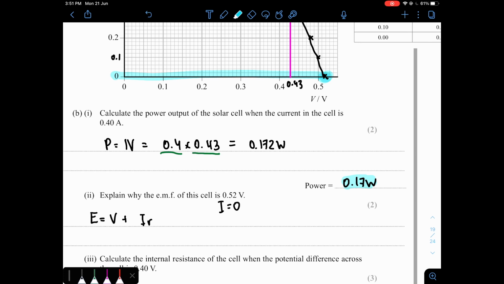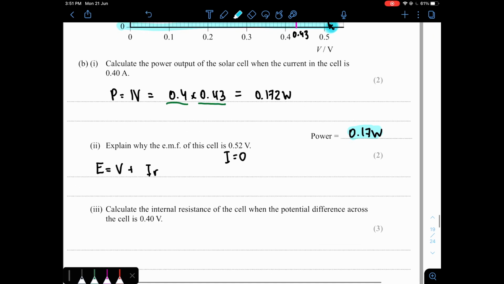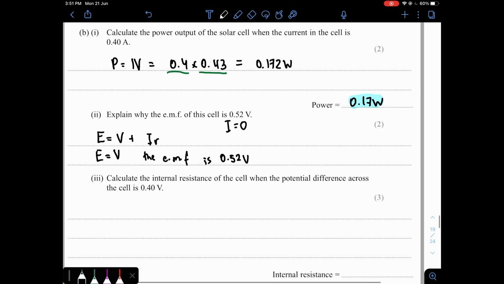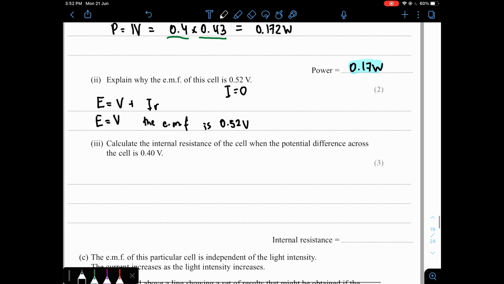See over here, 0.52 here. When the current is 0, E equals V, and because E equals V, the EMF is 0.52 volts.